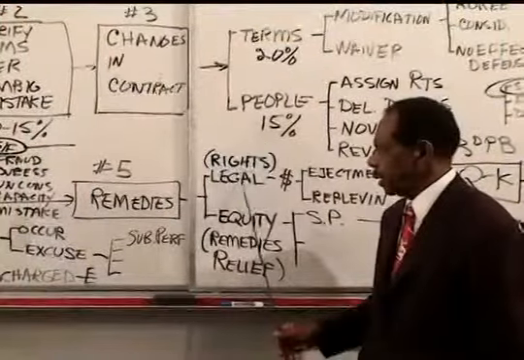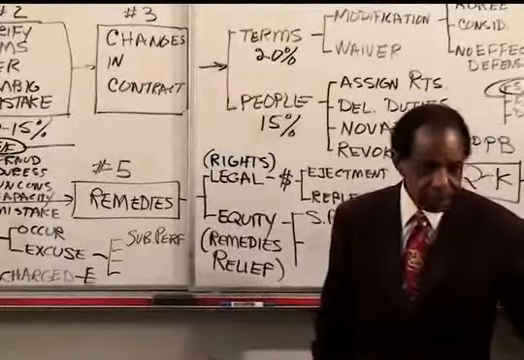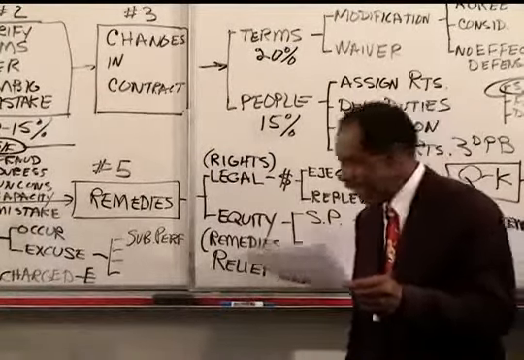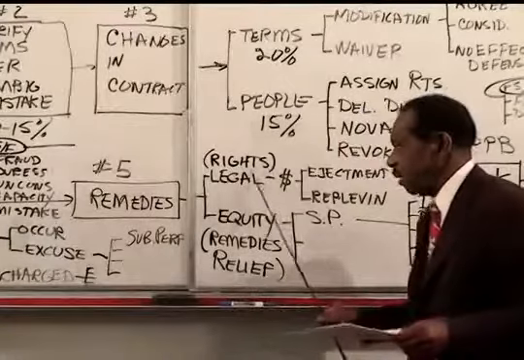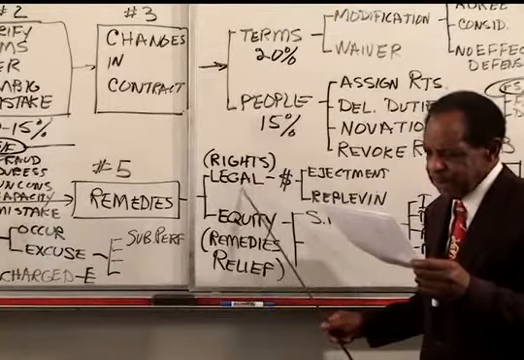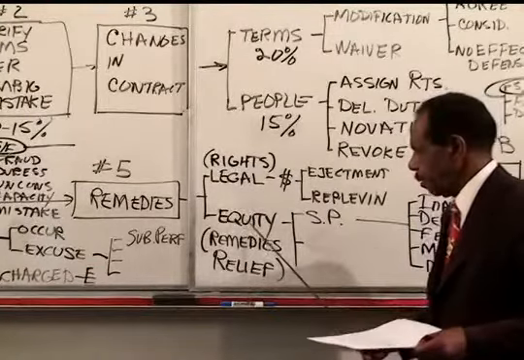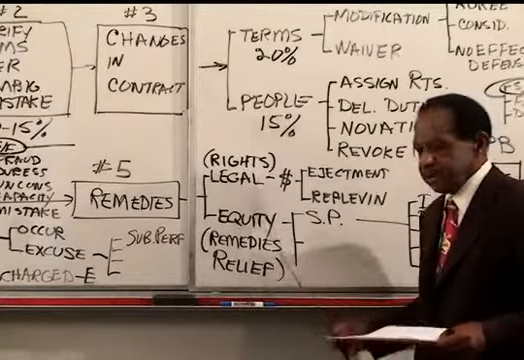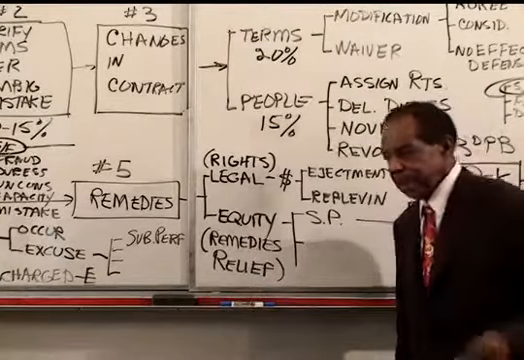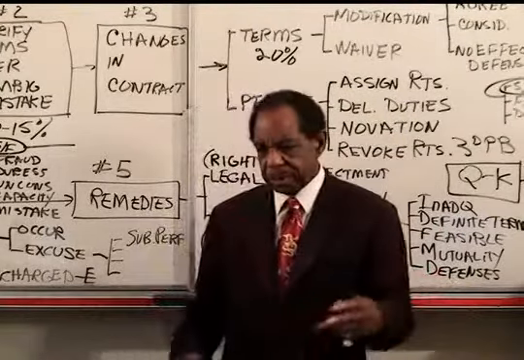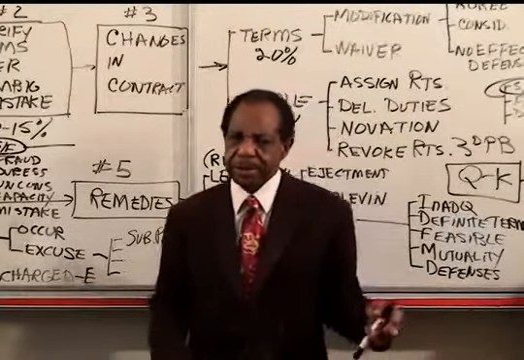Now take a look at this here in this case. What the bar examiners ask you, they say, what are buyer's rights? How much money is buyer entitled to? And it says, and to what relief and remedies? Here, equity. So they're asking you about both. As to buyer's rights, well, in this case, they've got a liquidated damages clause that they tried to add to the contract under 207.